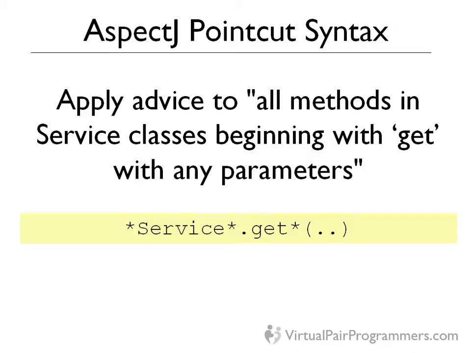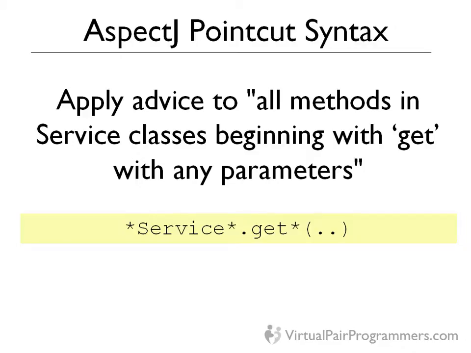So this really does mean all methods beginning with the word get, and it could have no parameters or one parameter or 115 parameters. Now that was my intention with the very first example I showed you, but I need to point out that you do always need the round brackets, and you've got to say something about the parameters. So this dot dot means we don't care.